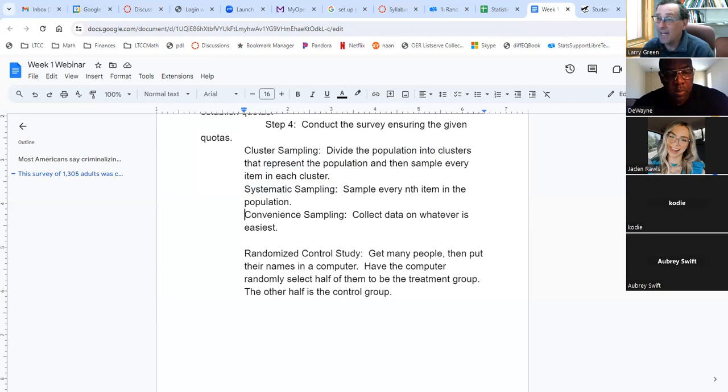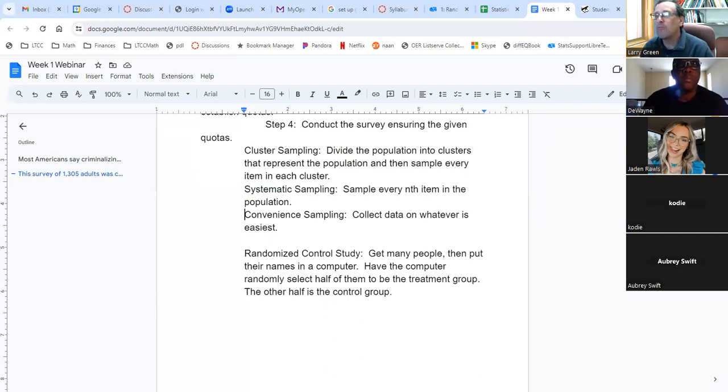So let me tell you how they did that. What they did is they got volunteers. For reasons of ethics, you can't force people to be part of a trial to see if this vaccine is going to work and not kill you. So they got 40,000 volunteers. They actually got a lot of volunteers.